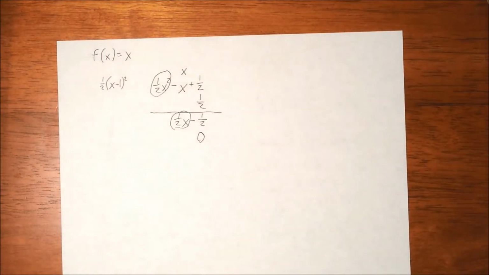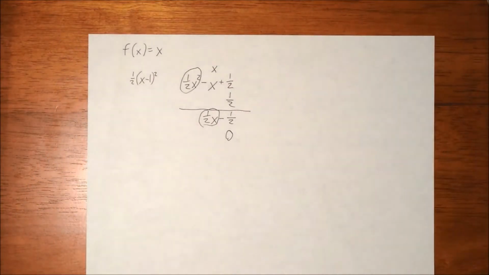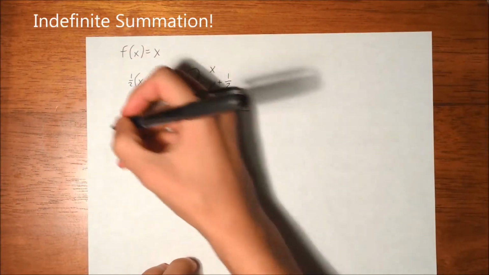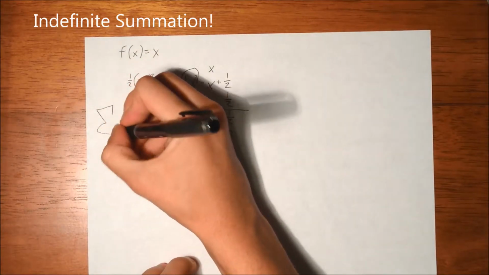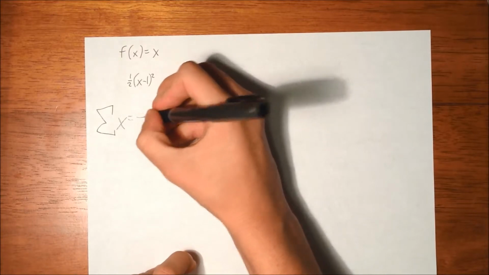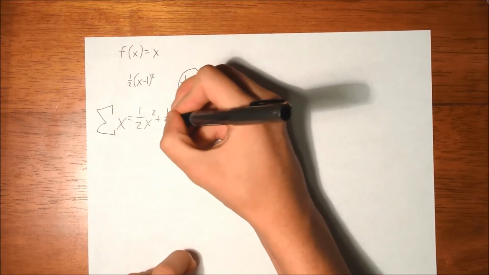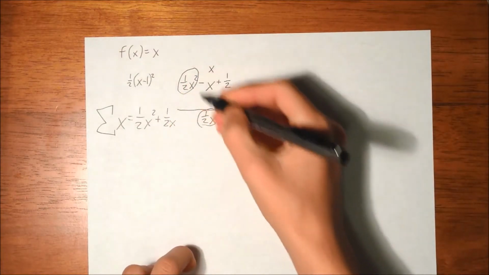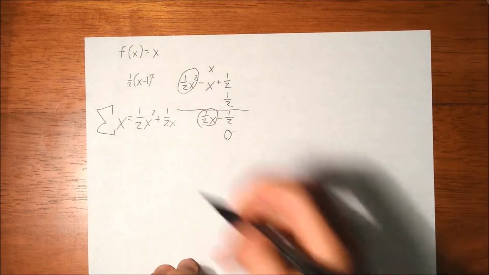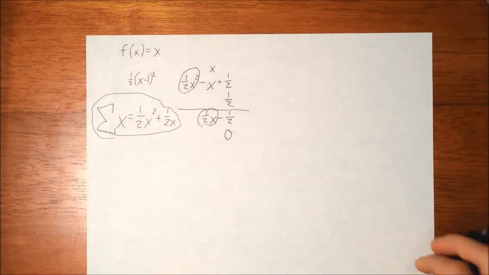So what this shows is that the addition of these u values is equal to the indefinite integral. So that means the indefinite summation of x is equal to 1/2 x squared plus 1/2 x, which are the circled values, which is known to be true.